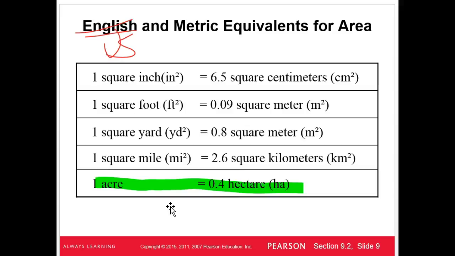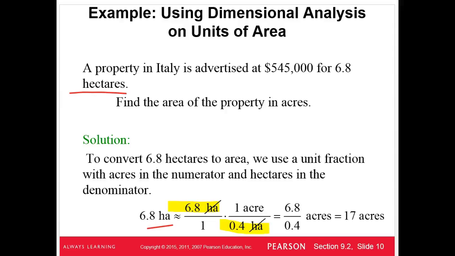Who goes on top and who goes on the bottom depends on what your measurement was. Whatever your original measurement was, when you set up your unit fraction, it'll always be in the bottom, just like it was in the last section, and how it's going to be in the next section. All of chapter 9. Because we have a number in the denominator that's not 1, that means we will divide. So 6.8 divided by 0.4 is about 17 acres that we end up with.